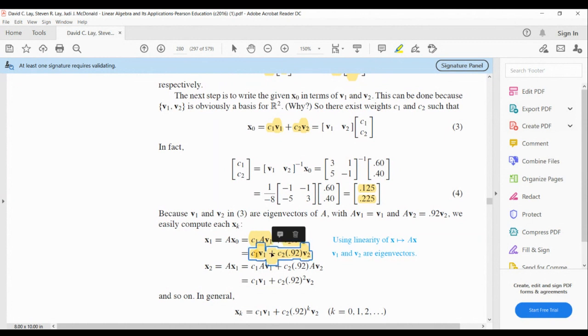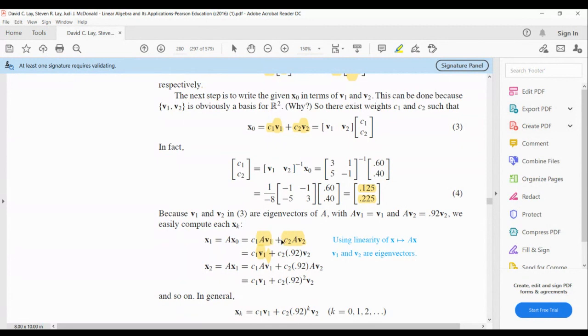A times V1 just equals V1, because A times V1 equals 1 times V1. V1's an eigenvector.